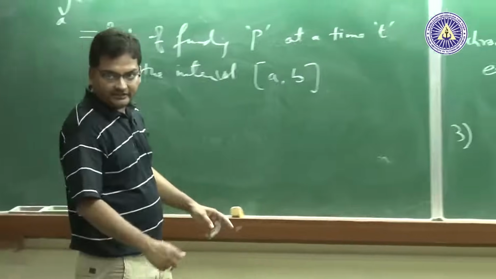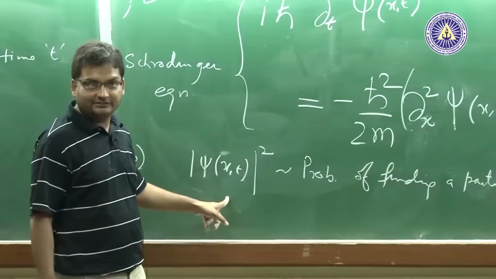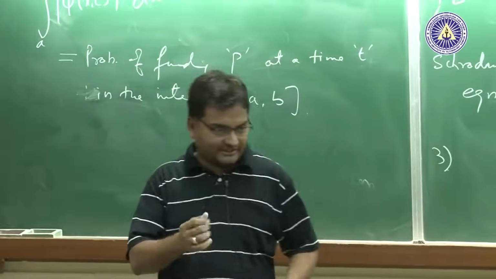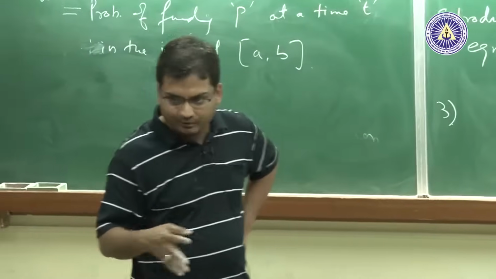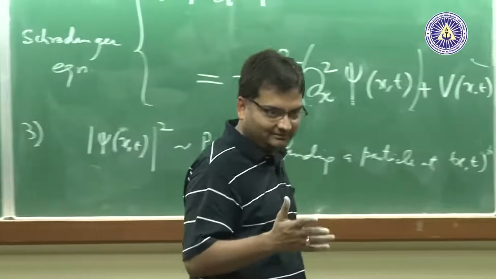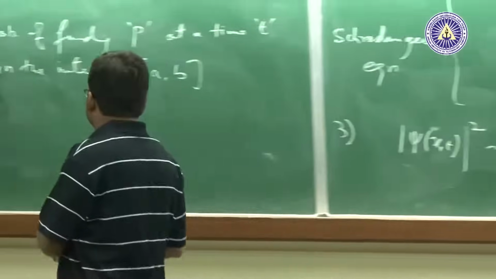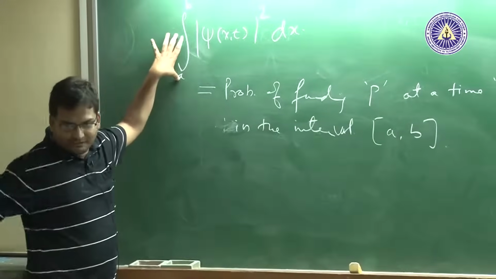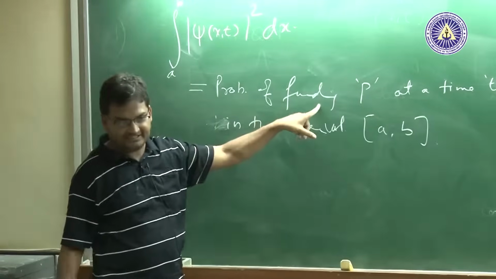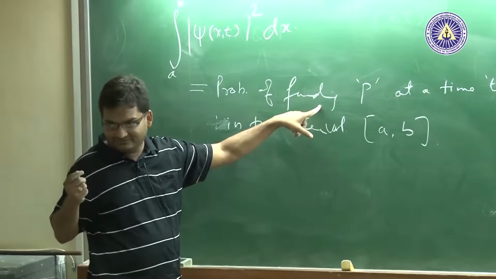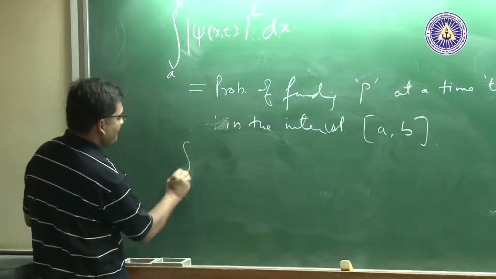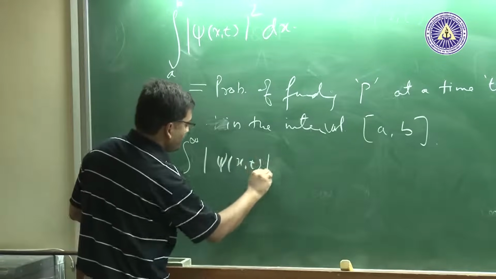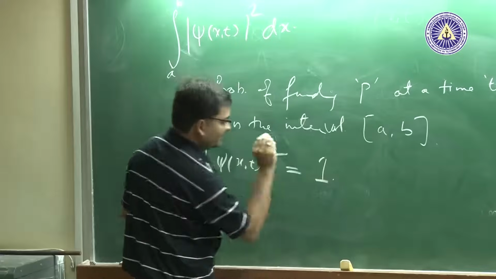Now, since psi I am associating with the probability, it better satisfy some criteria. Probability of any event cannot be greater than 1, for example. So, if this A and B I can extend to infinity, then I have covered the whole one dimensional universe and the particle better be there, if there is a particle at all. So, that implies that this has to be satisfied.